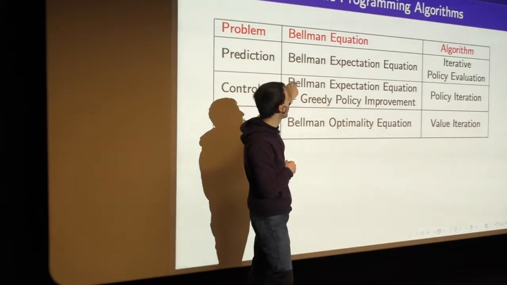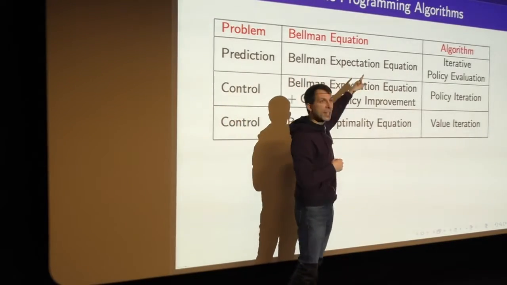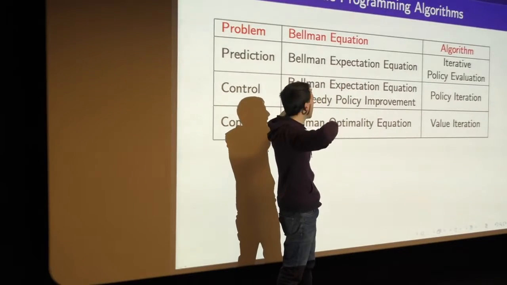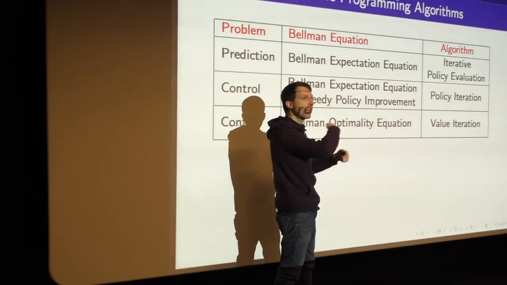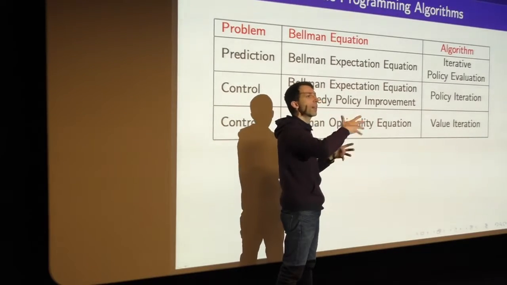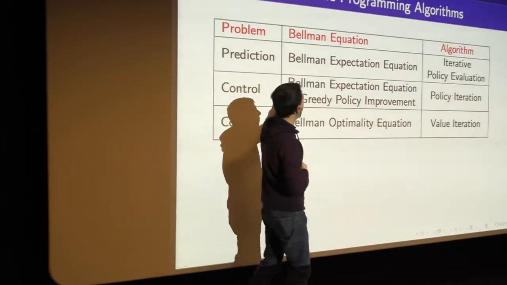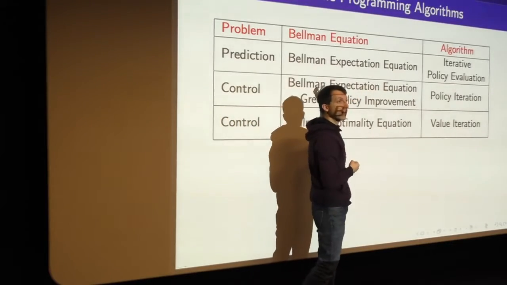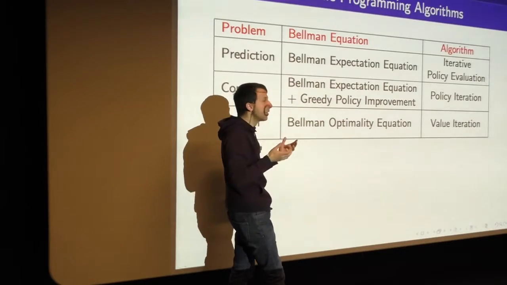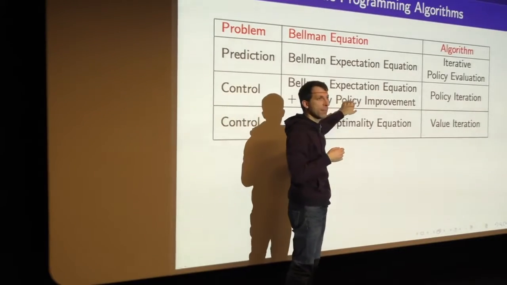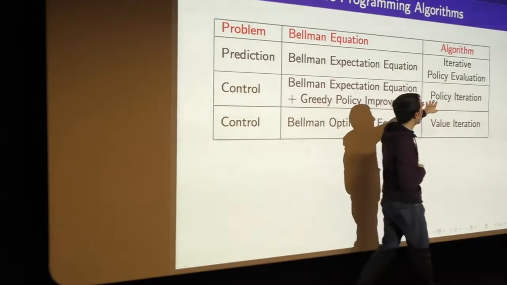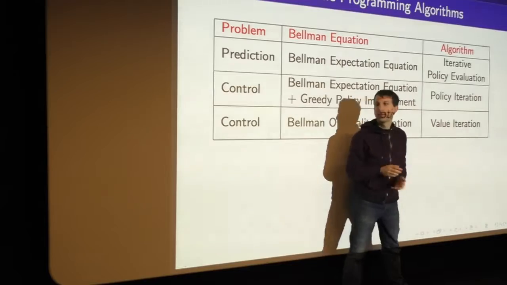The first approach was to again use the Bellman expectation equation and iterate it to evaluate your policy, but then alternate that evaluation with policy improvement. So we first use the Bellman expectation equation to solve for V pi, and then we act greedily with respect to V pi to give us a new pi. We alternated that process, and that gave us the policy iteration algorithm.